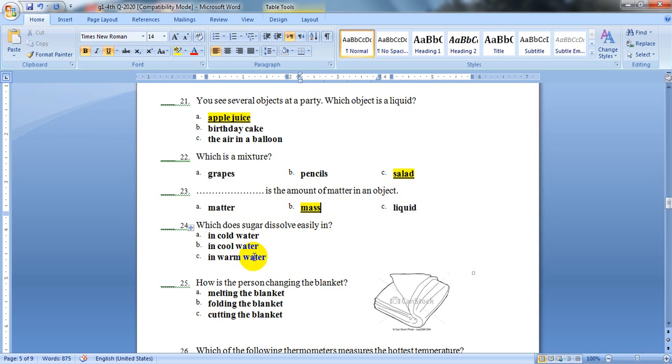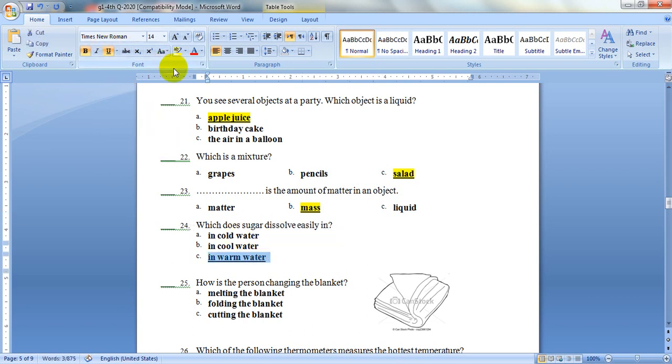We said that some solids dissolve easily and quickly in hot or warm liquids, like when your mom is making any hot drink for you. So the answer here will be in warm water. Sugar will dissolve easily and quickly in warm water.